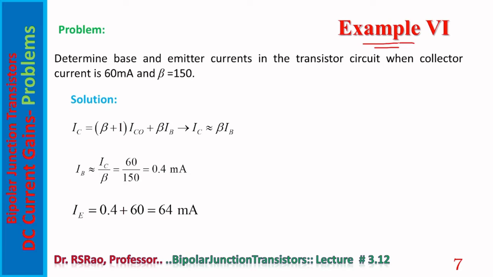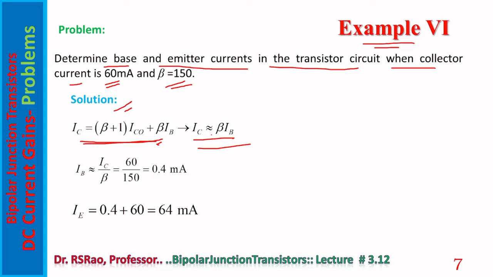Another problem, example 6. Determine base and emitter currents in the transistor circuit when collector current is 60 milliamperes and beta is 150. Solution process. Collector current, output current, DC output of BJT. This is the relation IC equals (beta plus 1) ICO plus beta IB.